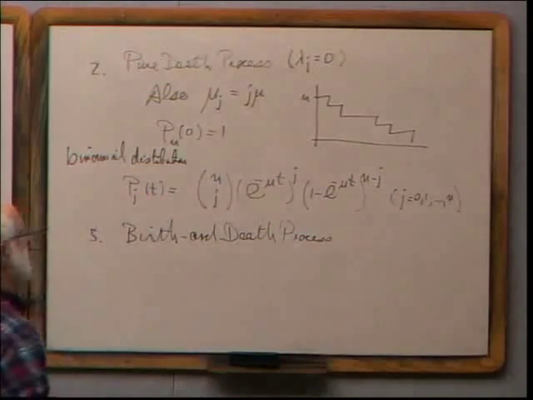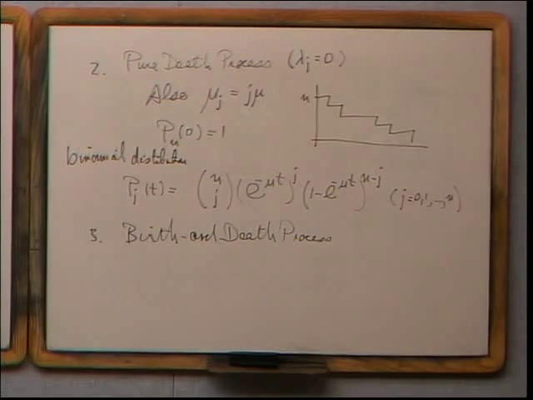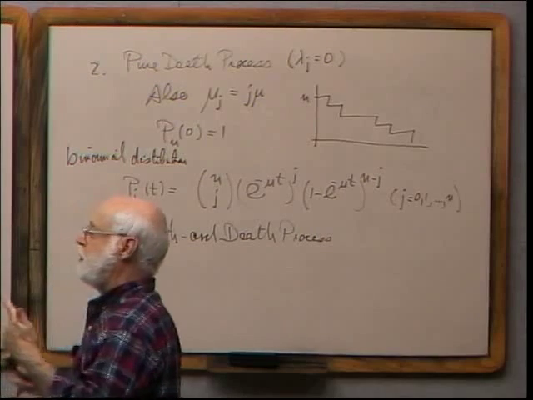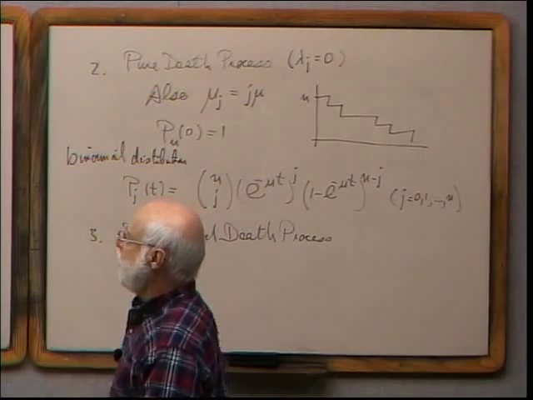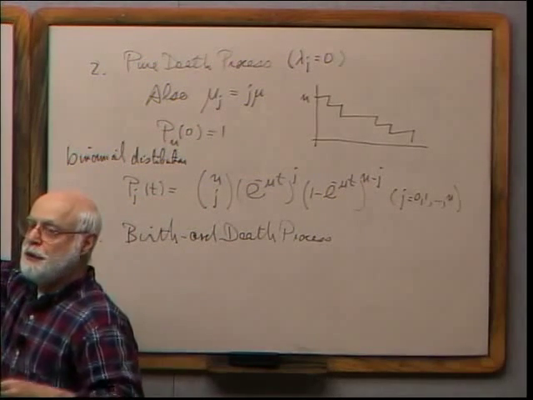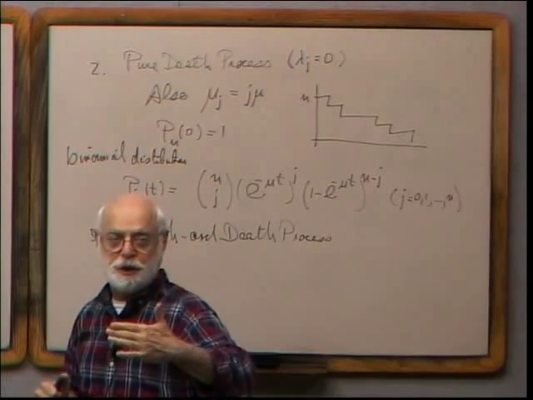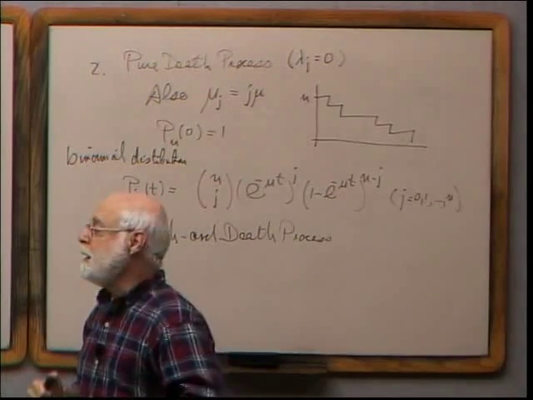The reason that we were able to solve the equations easily for the pure birth process is that once we set all the mu's equal to 0, we could solve the equations by successive substitution. So you could solve them one at a time. You didn't have to solve them simultaneously.